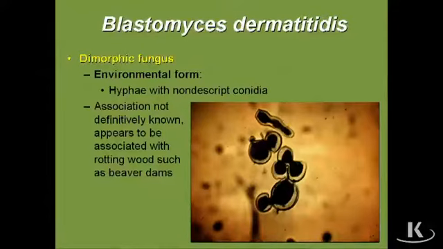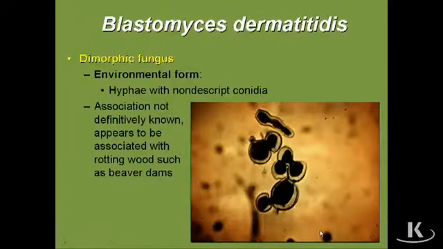Last on the list for the systemic fungal infections is blastomyces dermatitidis. The name itself, dermatitidis, okay, should tell you where it disseminates. Now, the environmental form, I don't have a good picture for you, but again, it's the yeast form that really matters. So here is your broad-based budding yeast.